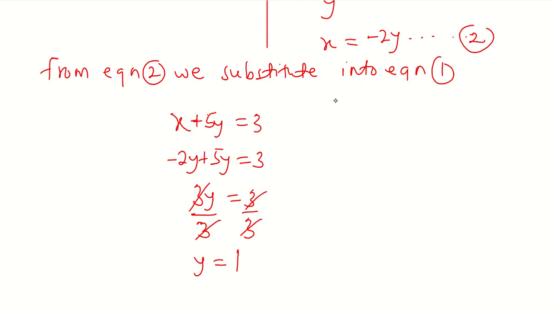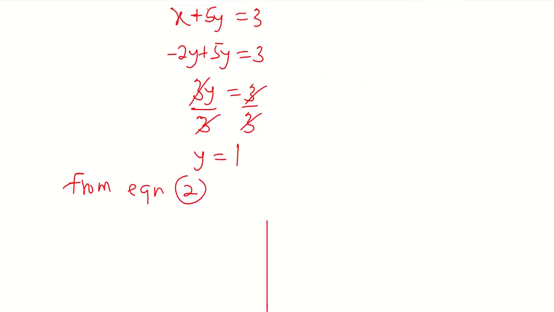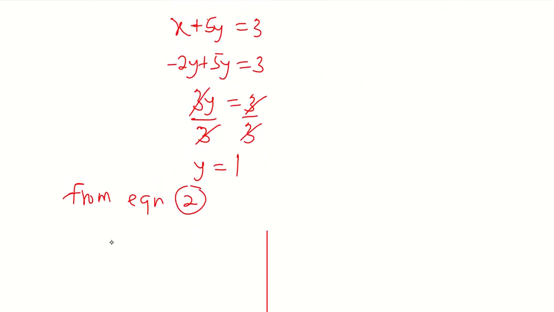Now we can get the value of x from equation 2, because we said to get x, you have to multiply negative 2 times y. Then we can quote that from equation 2, we know equation 2 to be the same as x equal to negative 2y.